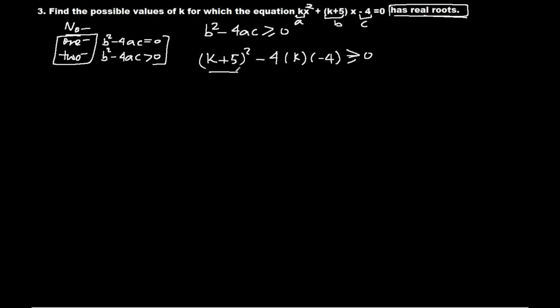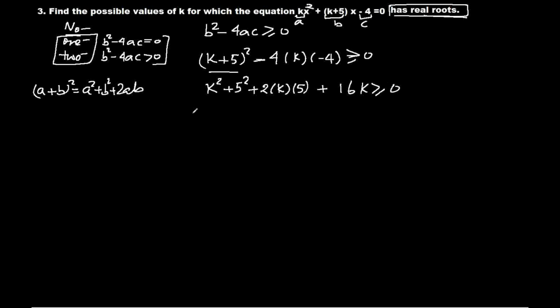So if we open this one according to this identity, (a plus b) square is equal to a square plus b square plus 2ab, we get k square plus 25 plus 10k, and then, because of these two negatives, plus 4 times 4, 16k.